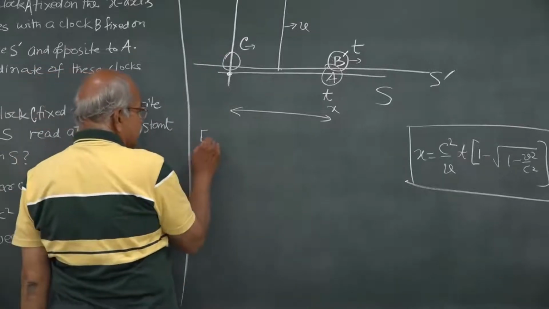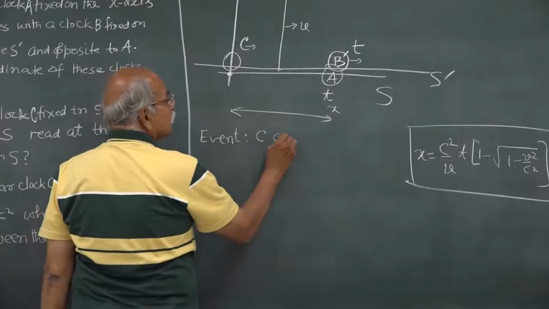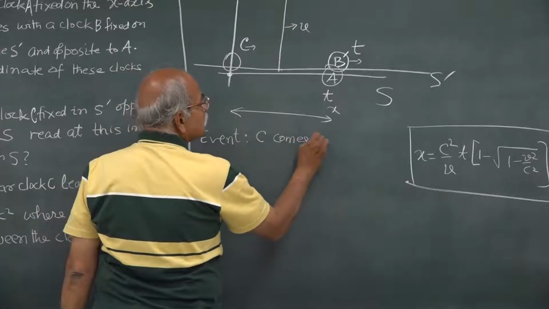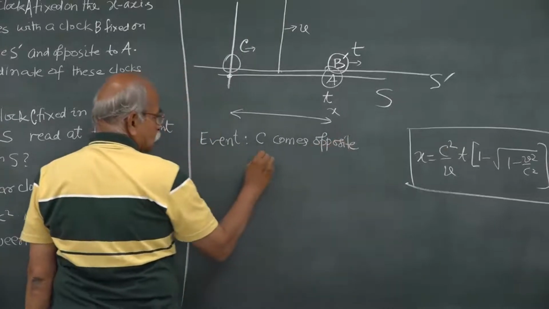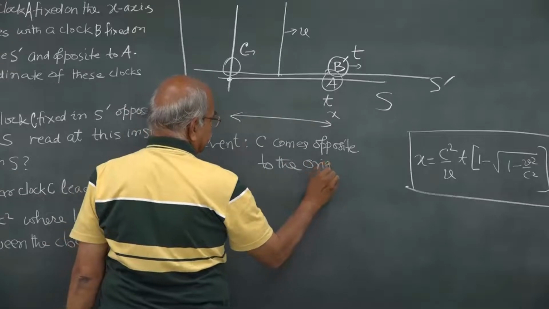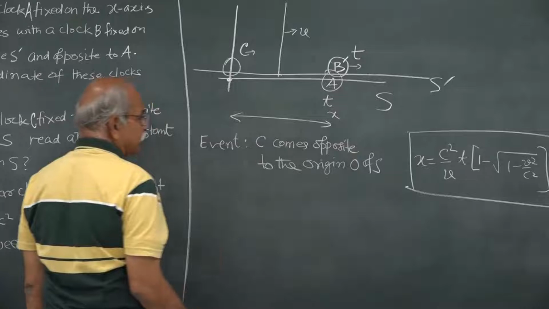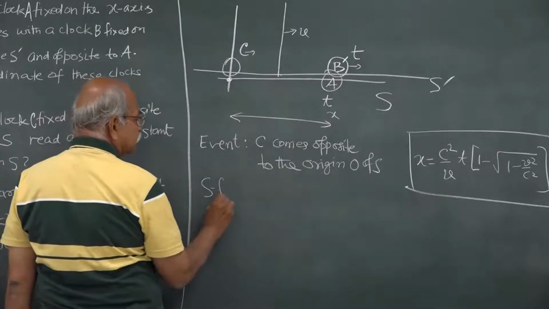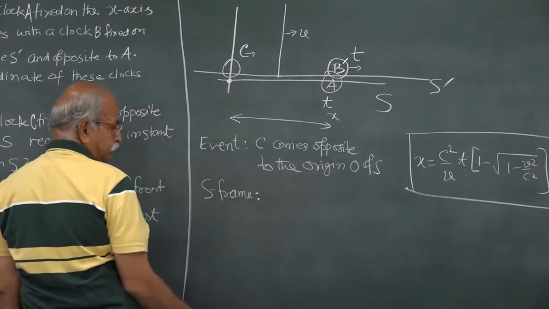So our event is: C comes opposite to the origin O of S. Now, in S frame, where did this event happen?